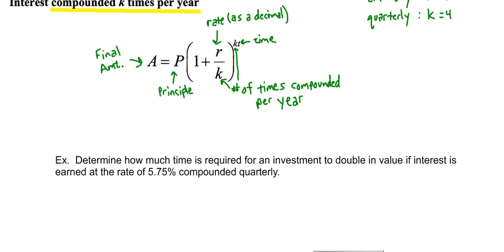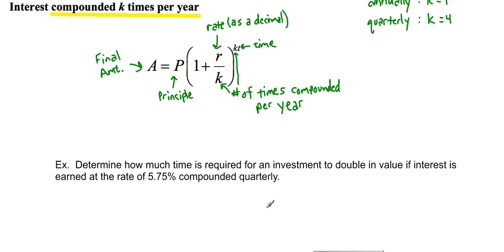Okay, so given this problem, a couple of keys that we want to pick out from this problem. The first one I see is it says compounded quarterly. Okay, so that tells me that I want to use this formula here. All right, so how that interest is compounded lets us know what formula we want to use.